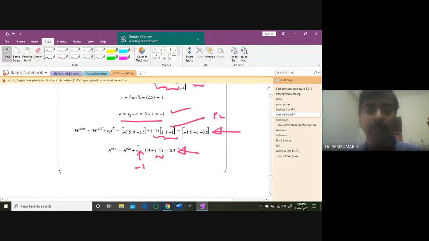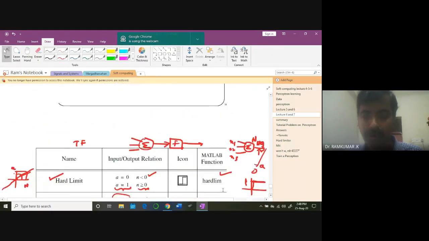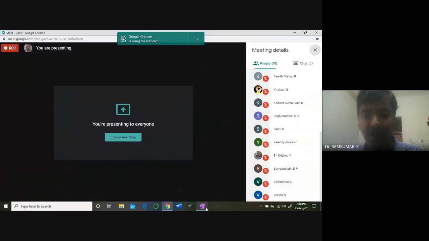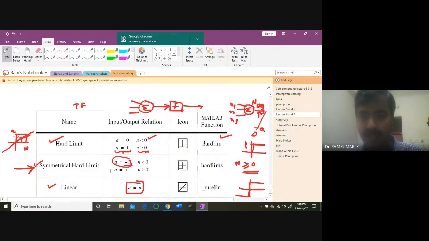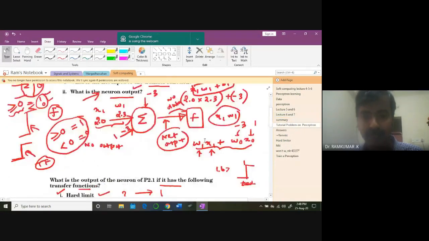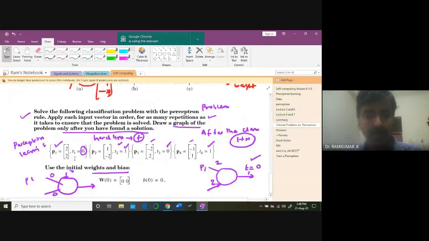The error can be either positive or negative. Are you getting my point? So that's the update. Once you do that, you're going to get your answer. Just give it a try in your notebook. Take this problem, sit with it and try to solve it fully for this set of patterns.